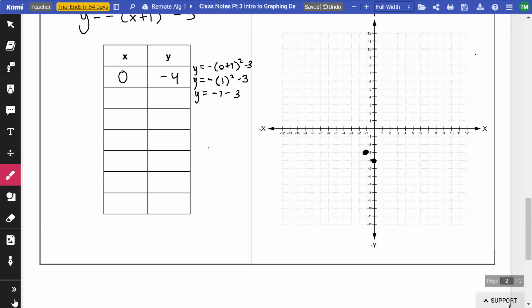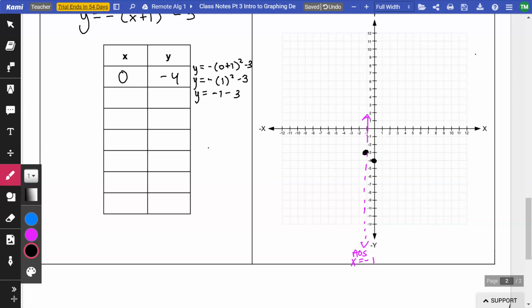Then we also know that we have our axis of symmetry, we said, was at x equals -1. So why don't we go ahead and graph that real quick. So we're just doing a vertical line through the x value of -1. And remember, this axis of symmetry is splitting our graph into 2 equal halves.